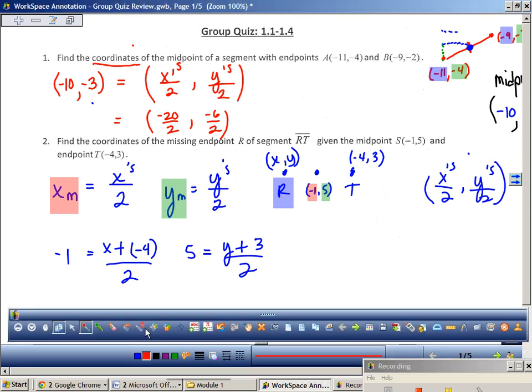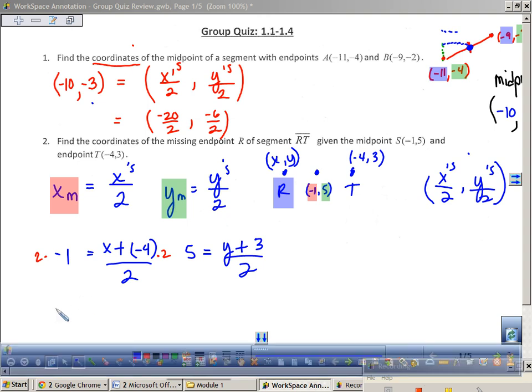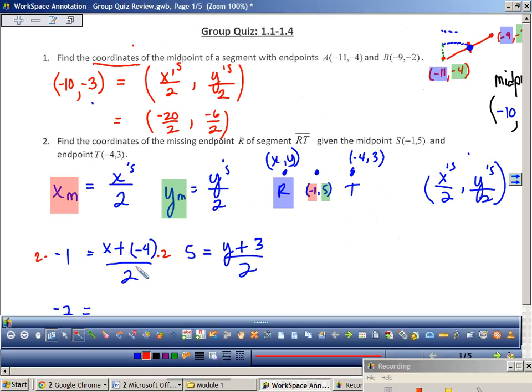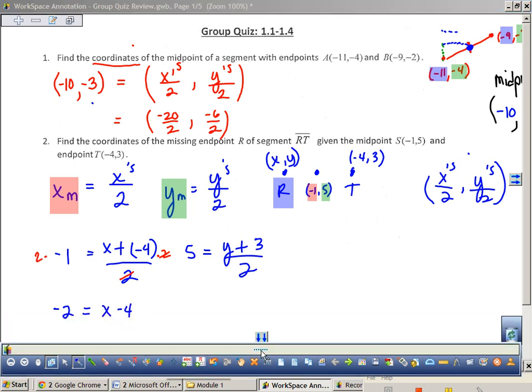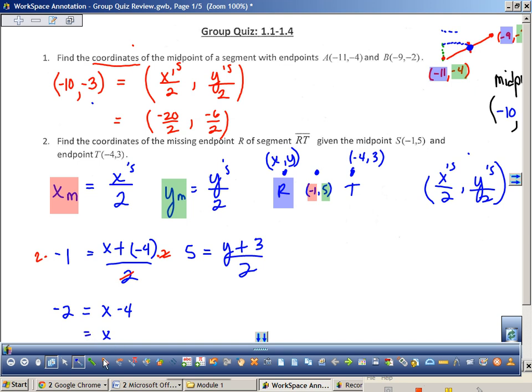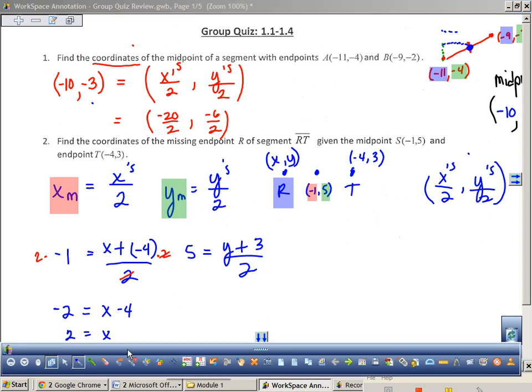So if I were to multiply both sides of this by 2, what would I get on this side? What's 2 times -1? -2 equals, and this works out really well because it cancels, right? And I end up with x minus 4. So how much does x equal? 2. Do this one. I'm going to do the same thing.